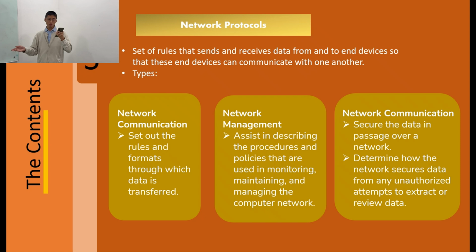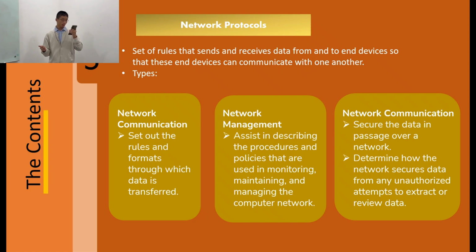Next, we will dive into network management. It assists in describing policies that are used in monitoring, maintaining, and managing the computer network. For example, we have HTTPS for facilitating network communication through the internet. Third, we have network security.